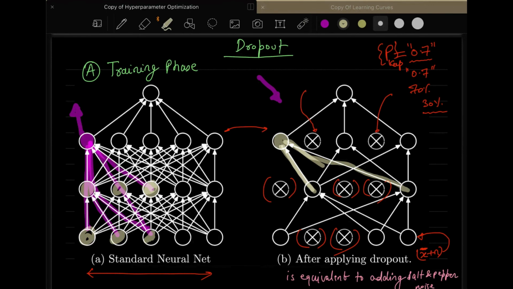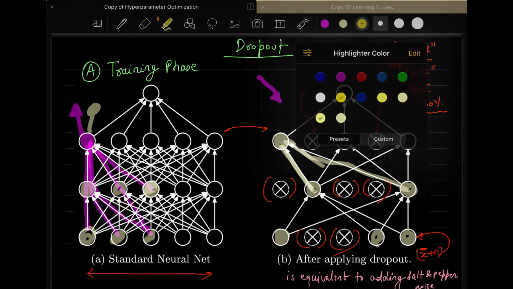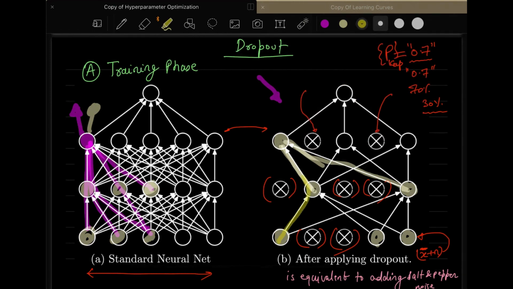But in this situation, most of the neurons are gone and very few neurons are left. This one and this one, and this is dependent on this one and this one and this one. So it is a very simple function compared to this one. This topology will be able to perform only very simple tasks.